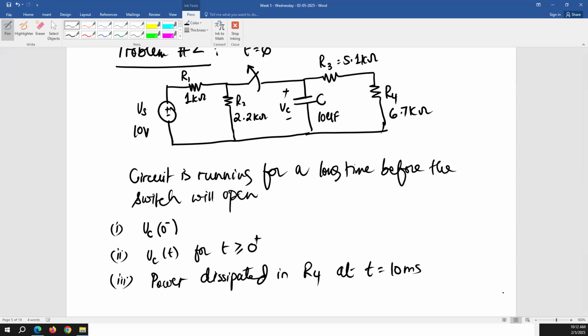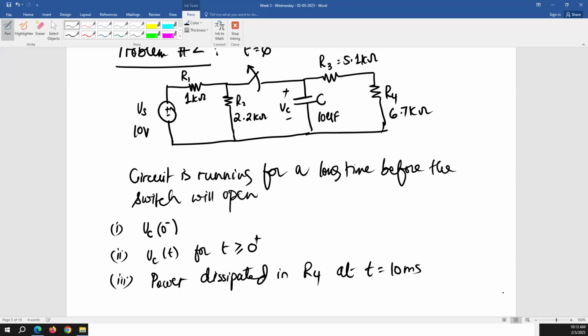So VC at 0 negative means the switch opens up at t is equal to 0. Just before the switch opened up, what is the voltage across the capacitor? That time is 0 negative. And just after the switch opened up, that time is 0 positive.